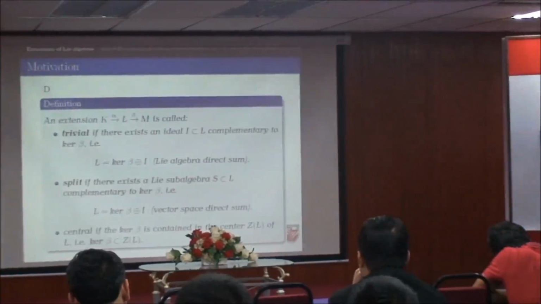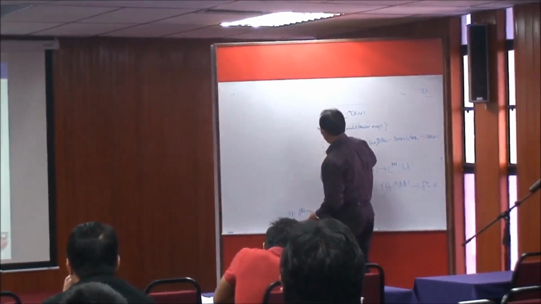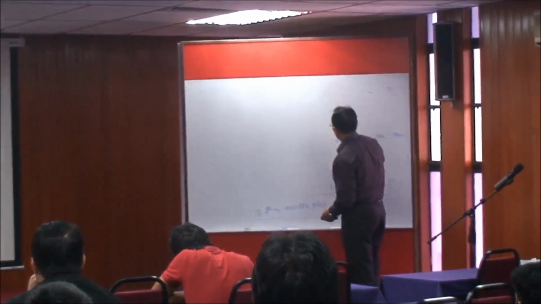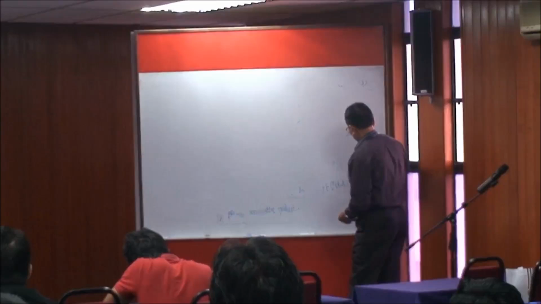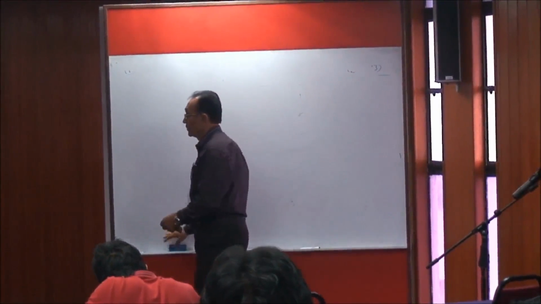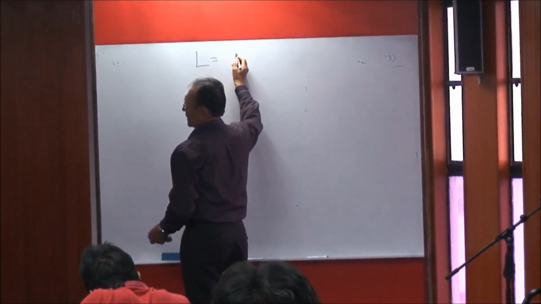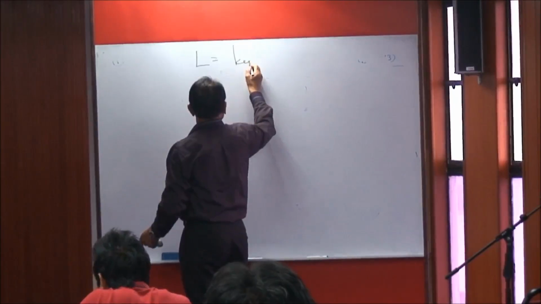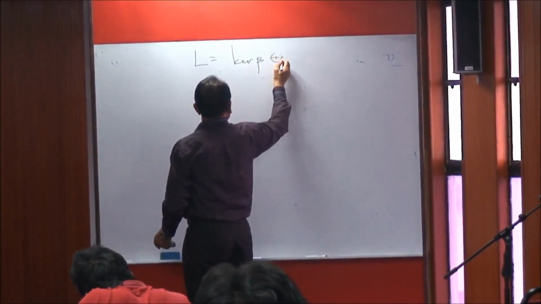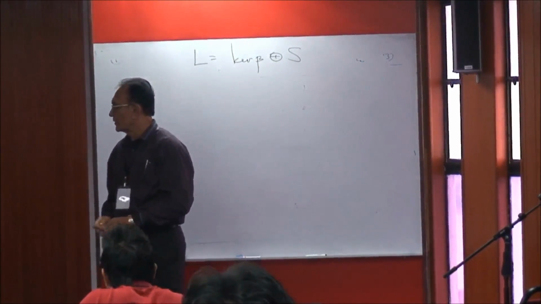One of them is a kernel, definitely an ideal. Another one is a subalgebra. And the direct sum is a direct sum of vector spaces. So L is written as a kernel of beta plus S. This is a subalgebra.